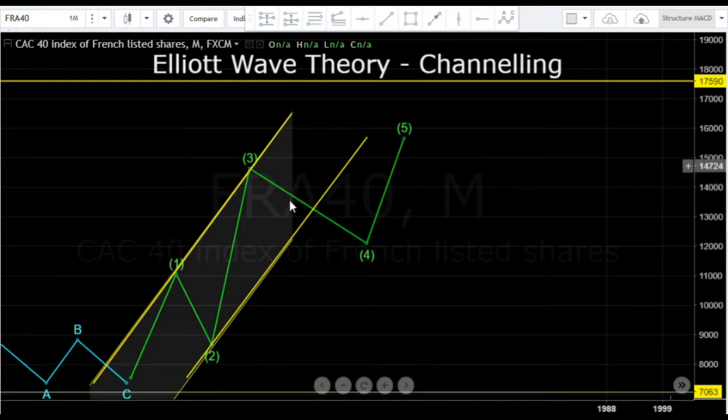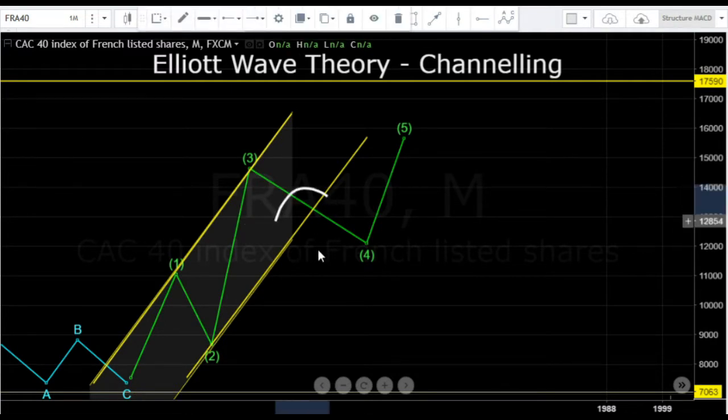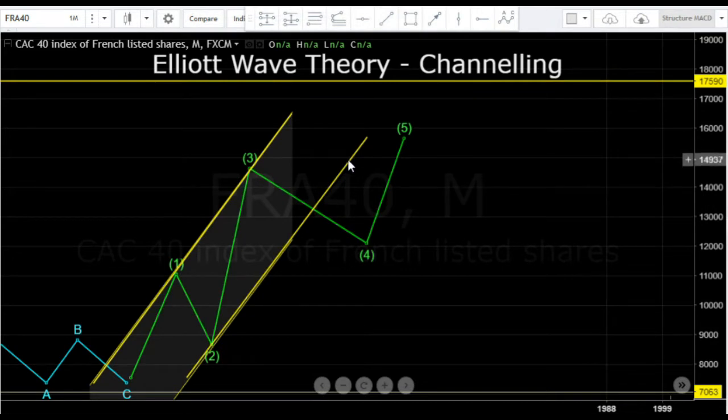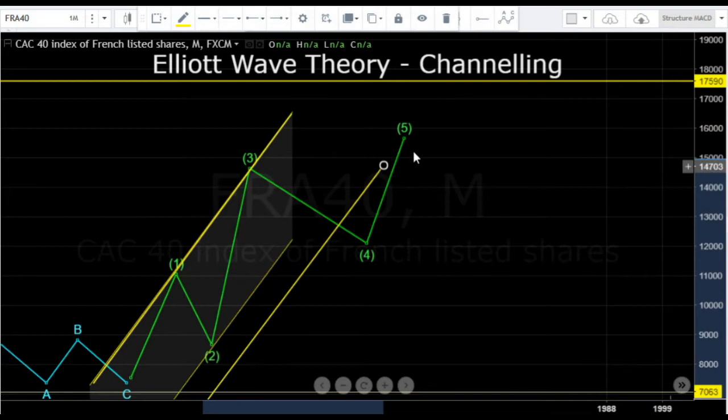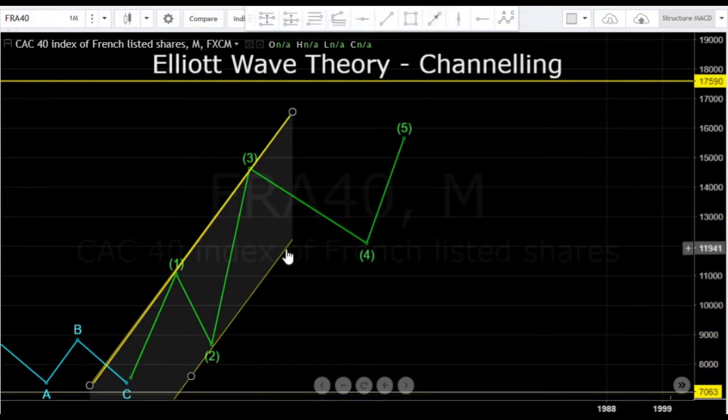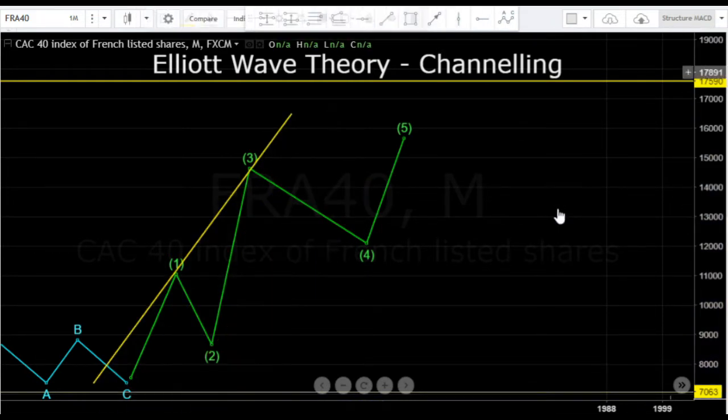But as 4 develops, remember this becomes our pivot point, this becomes our decision point, and 4 carries on down through it. Well, then clearly our channel isn't correct. So how do we go about giving ourselves an idea of where 5 is going to end and our new correction is going to start?